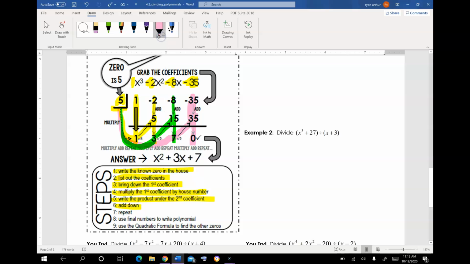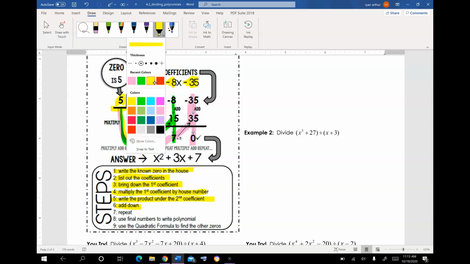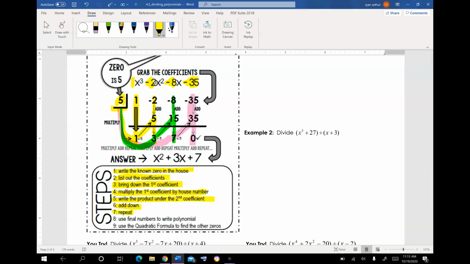When you're done with that, you use the final numbers to write your polynomial. These numbers at the bottom are our final numbers, and that's what we're going to use. When you are dividing with exponentials, you subtract the exponents.